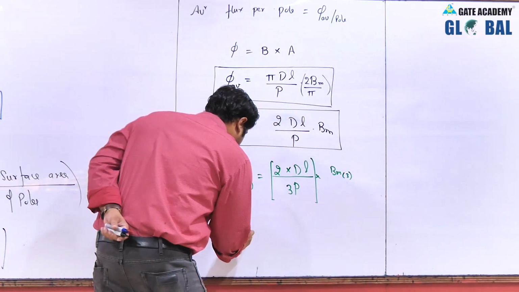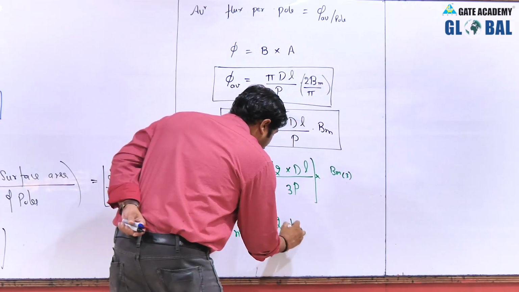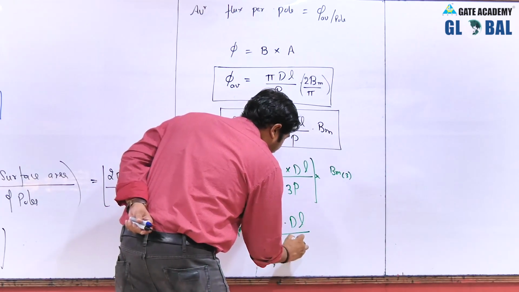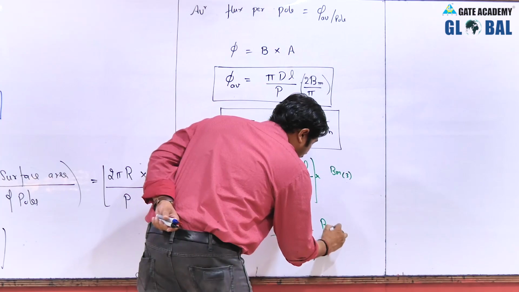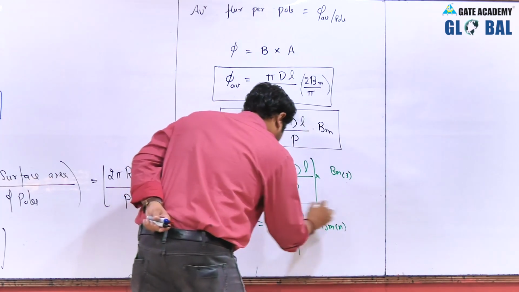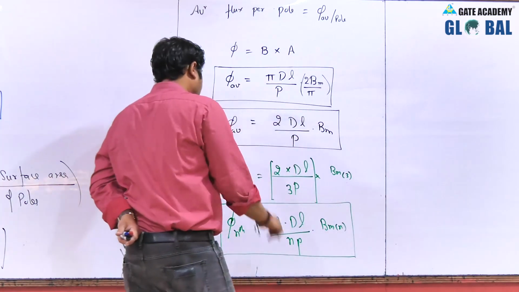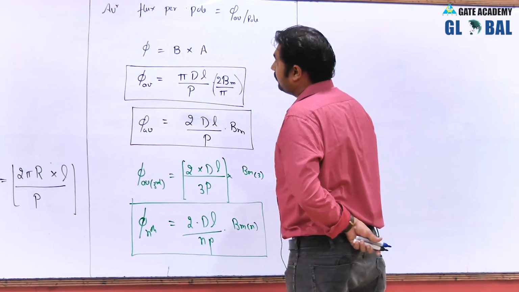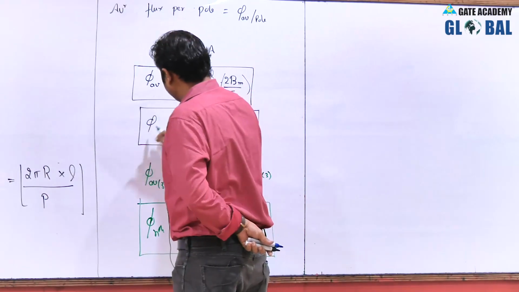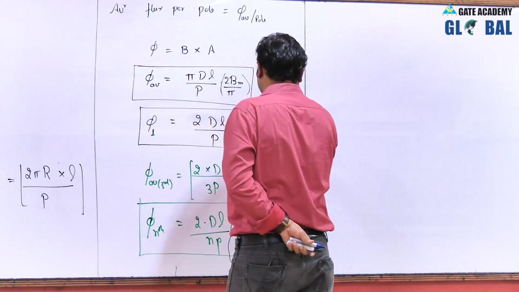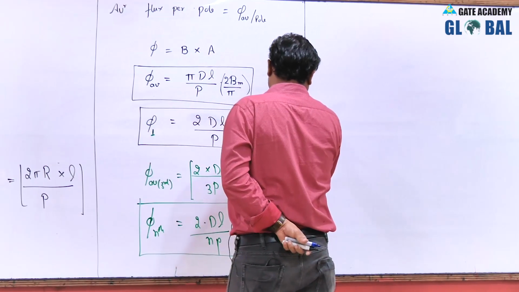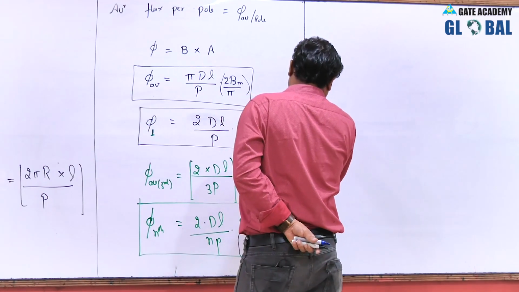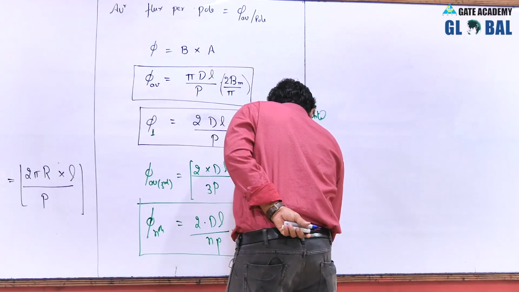Similarly, for the nth harmonic, it is 2 D L by nP into Bm of the nth harmonic. Now please observe, you have the average flux per pole for the nth harmonic and the average flux per pole for the fundamental, which I am representing by this, for the fundamental, and this one is for the nth harmonic.